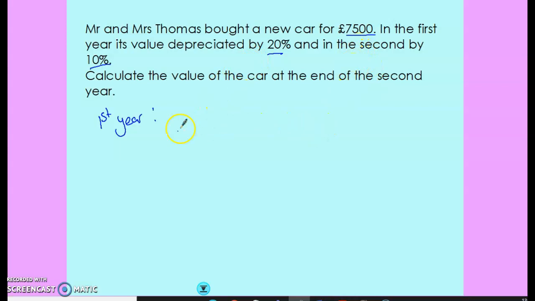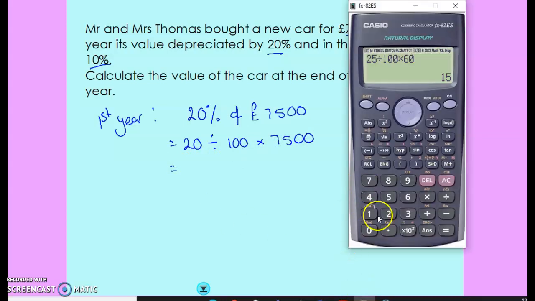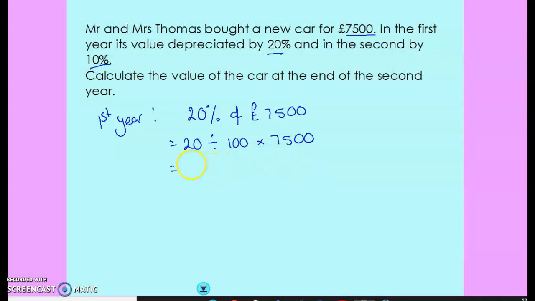Okay, so the first year is 20%. So I want to find 20% of 7,500. 20% is 20 out of 100 times 7,500, which is 1,500.